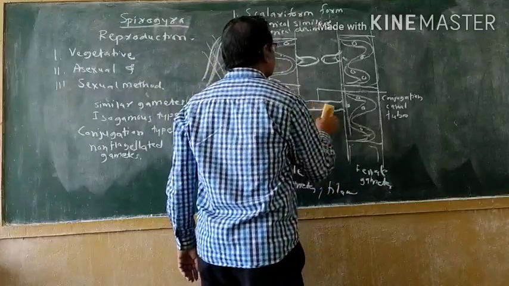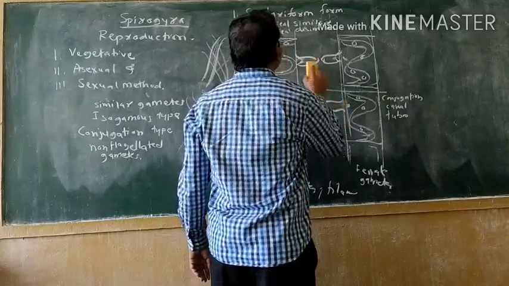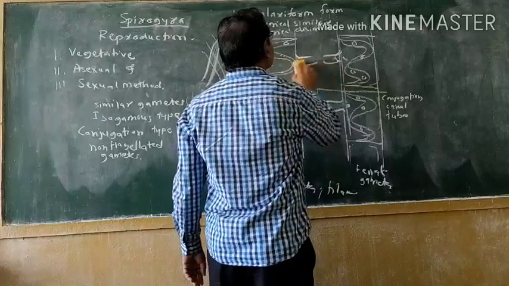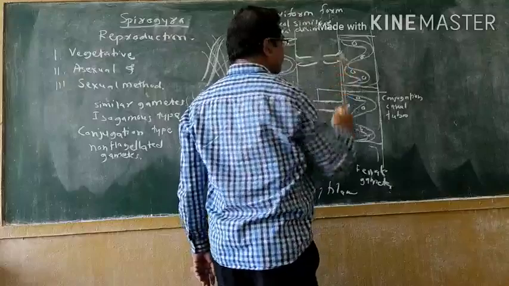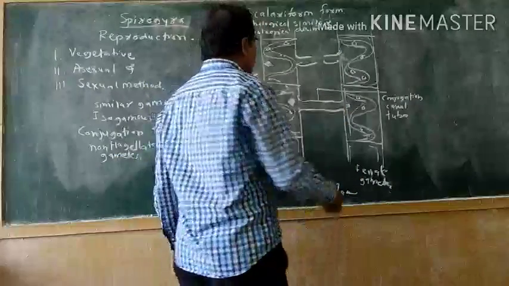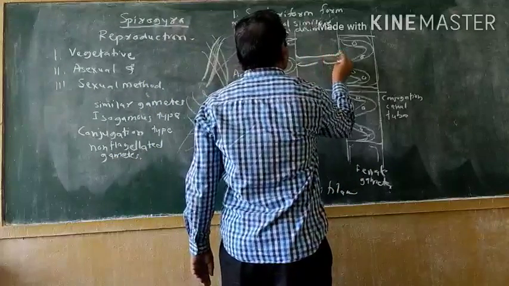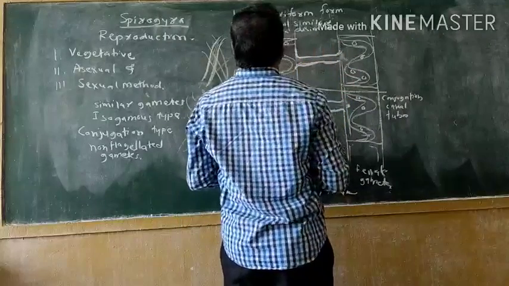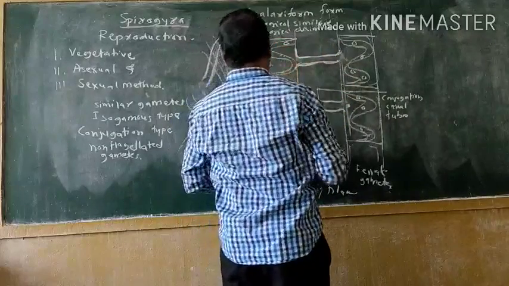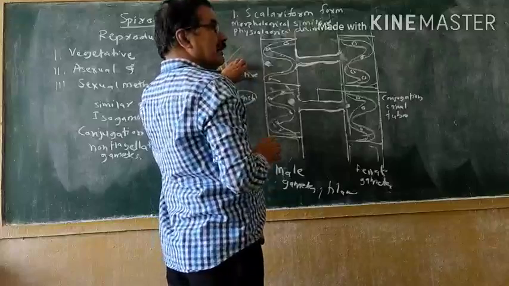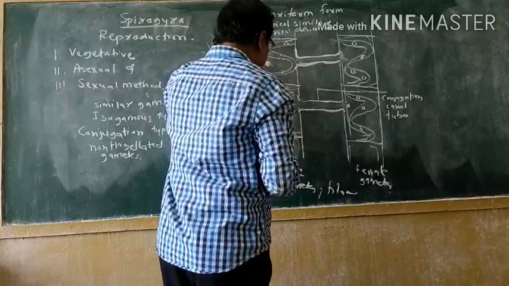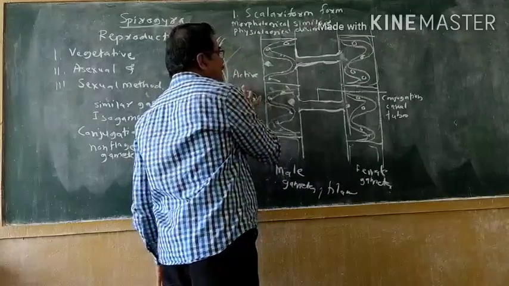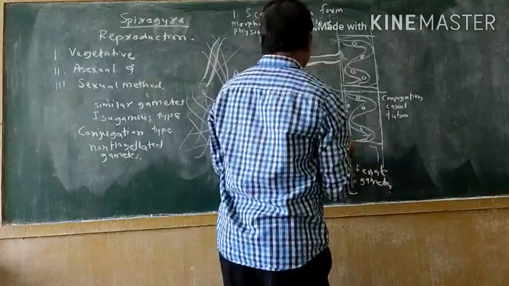When this conjugation tube forms, the physiological content from the male, which is always active and smaller, while the female is large in size and sluggish, migrates.